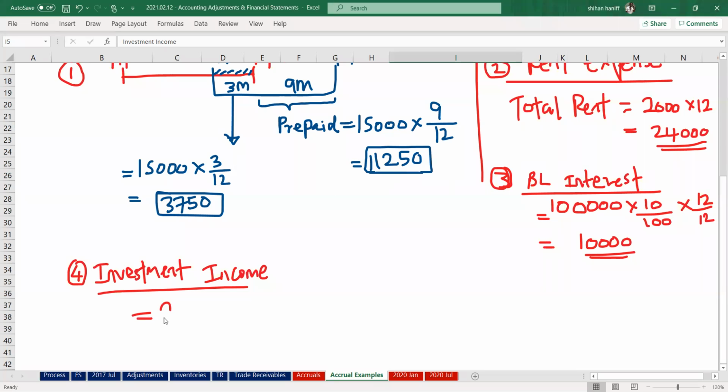Investment income is 200,000 into 15% into, you have to see how many months.